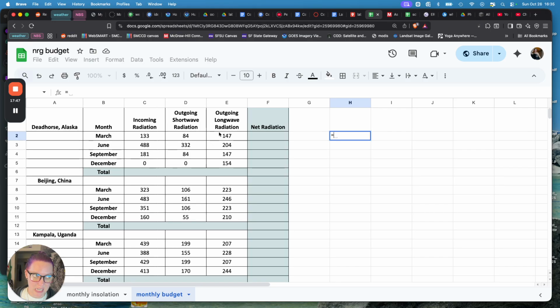And then essentially, as it said in the directions, you just do incoming radiation, so let's click on that cell, minus sign, outgoing shortwave, minus sign, outgoing longwave, and that is your function, and just hit return, and that will give you a value. You don't have to type that in for every single cell.